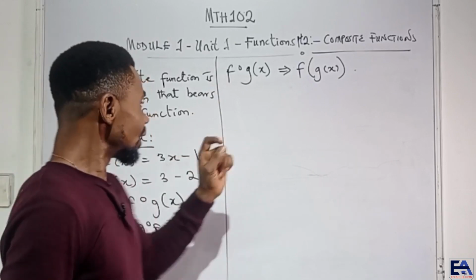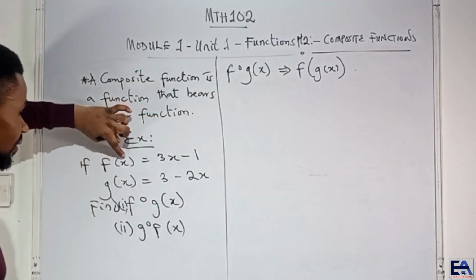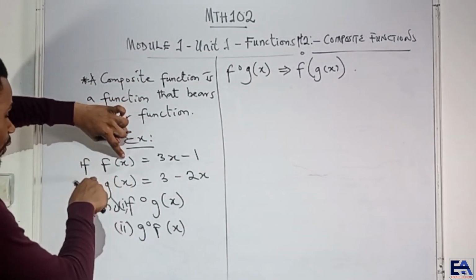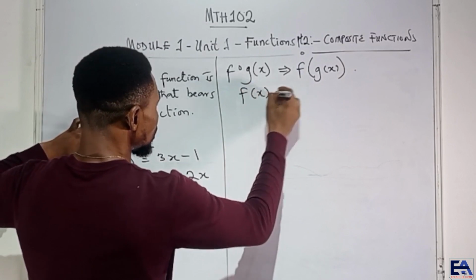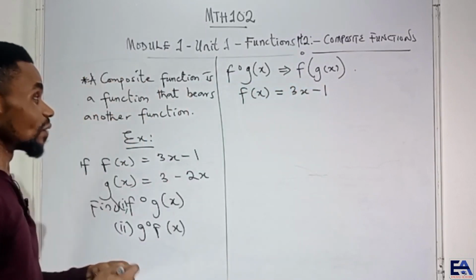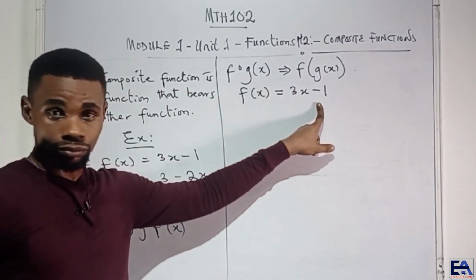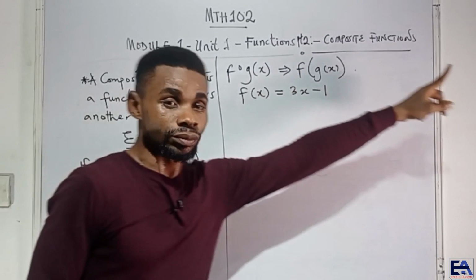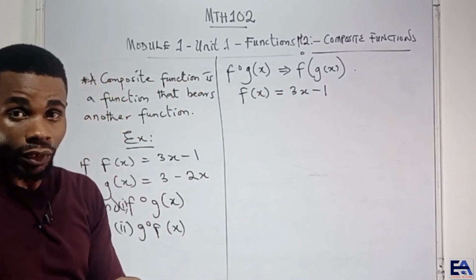In this case, instead of replacing every x that we find in f of x, you know, f of x originally is 3x minus 1. If I said f of 2, it means that anywhere you have x, put 2. And then you keep putting the 2, and you simplify until you get to the last step.